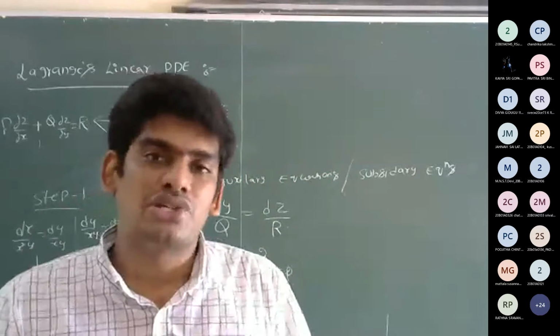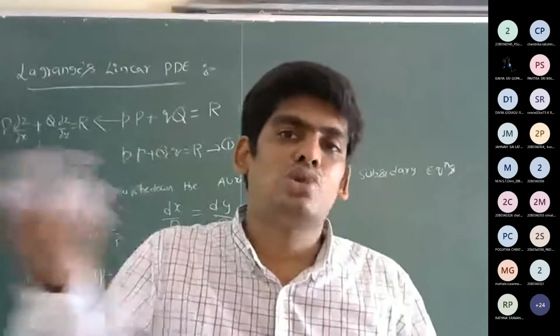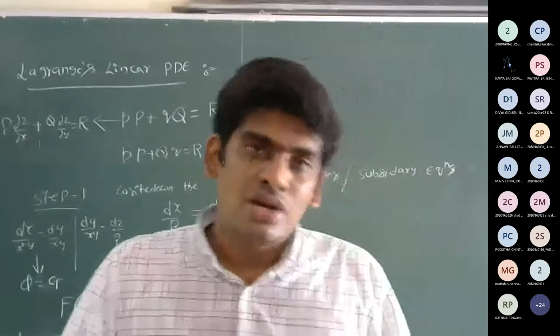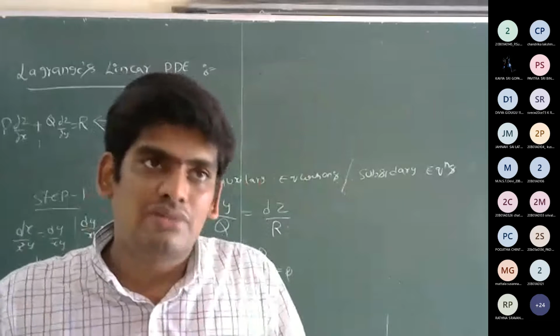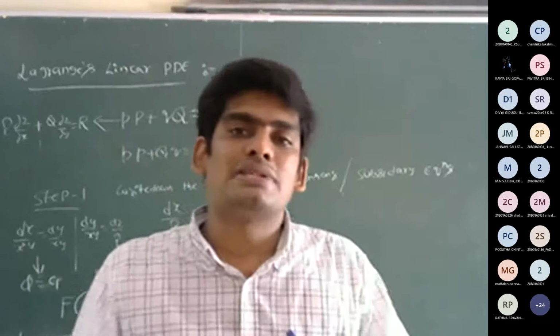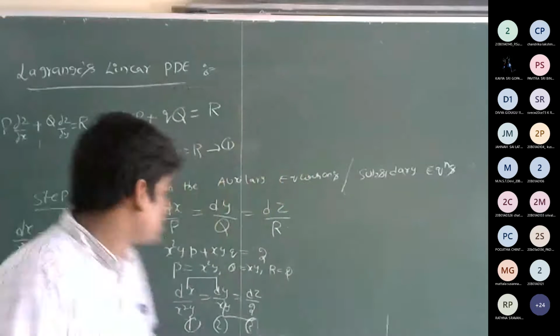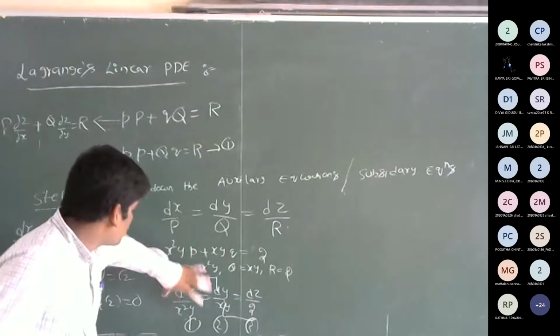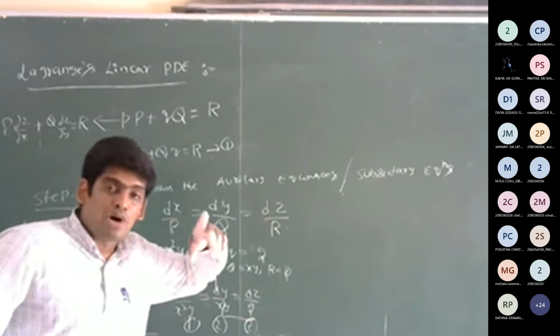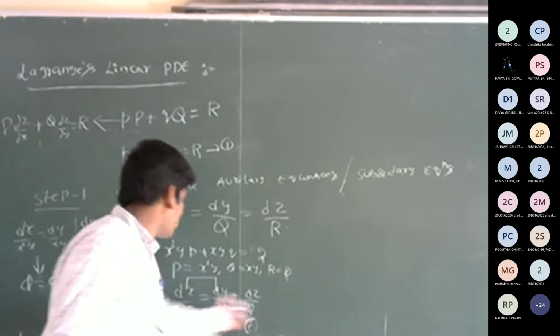Next one, it is your choice. You can take the 2 and 3 terms or 1 and 3 terms, right? So you will get another solution. Any two persons need not get the same answer. Why? Because some of them solved 1 and 2, and others solved 2 and 3 or 1 and 3.